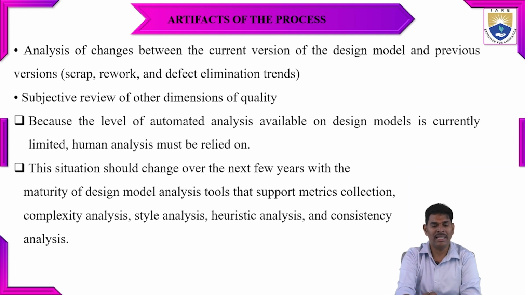And here is the level of automated analysis, because when you compare the human with the automated tools, these automated tools will minimize the schedule, and it is very cost effective compared to the paperwork here. That's why we need to check what is the level of automated analysis available on design models, and then they are going to limit the human analysis.